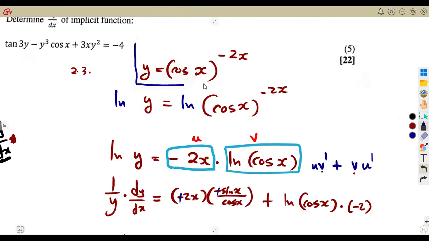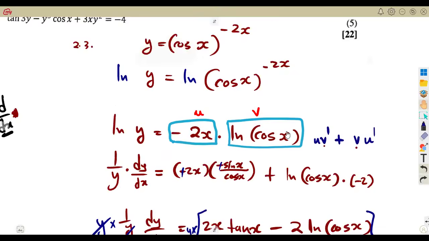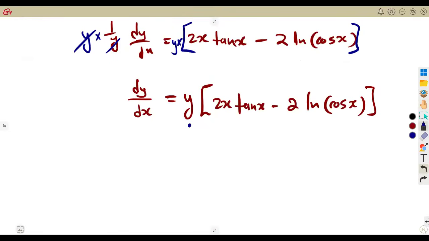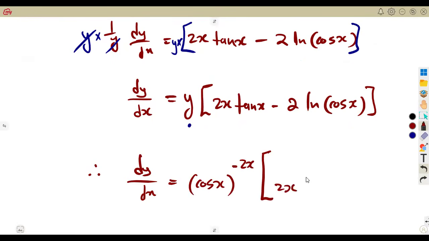Y is equal to cos x to the exponent of minus 2. So in place of y now, we can substitute that. Therefore, the derivative of y with respect to x, remember, y is equal to the cos of x raised to the exponent of minus 2x, into this part as it is, the 2x tan x minus 2 ln cos of x, like this.